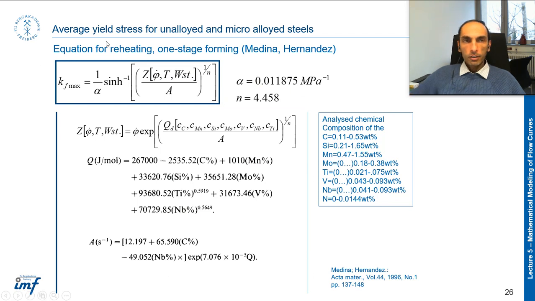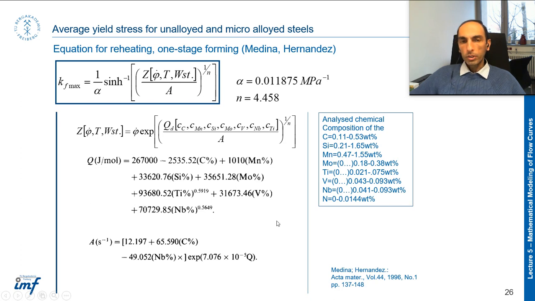This is another example of a model that was developed by Medina and Hernandez. In this model, of course, the strain rate, temperature, and strain are reflected. It's an Arrhenius model. You can put it under the Arrhenius family, but some parameters like the Zener-Hollomon parameter, some activation energy, and some other parameters are given as a function of chemical composition, as you can see here.